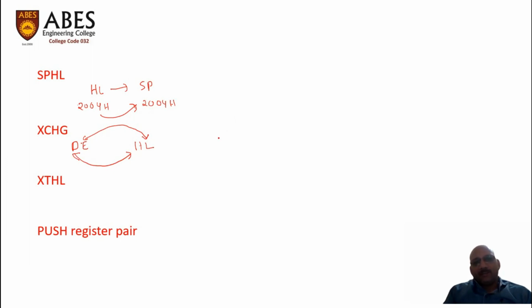For example, if the DE register pair has the value 2004H and HL has the value 4006H, then after I write XCHG, the content of DE will be 4006H and the content of HL will be 2004H.